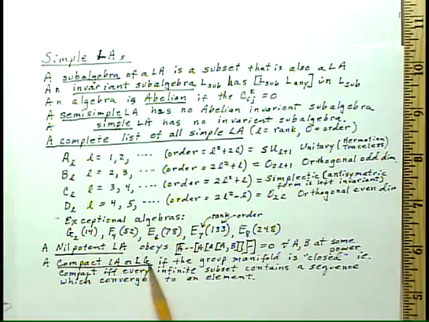Compact Lie algebras, or Lie groups: if the group manifold is closed, then we say it's compact. Otherwise, it's non-compact. It's compact, that is, if every infinite subset contains a sequence which converges to an element that's in the algebra. An example of a non-compact Lie algebra and Lie group is the Lorentz group.